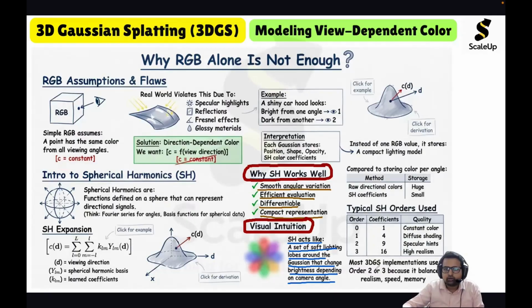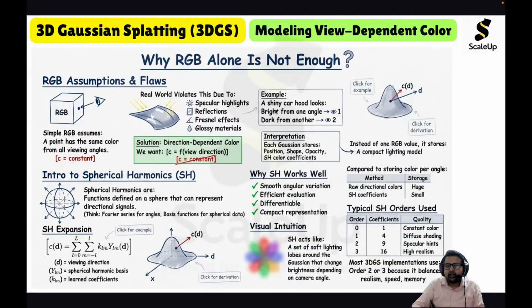Okay, so now it's very clear that each 3D Gaussian will store the position, the shape, size, and orientation taken care of by the covariance matrix, the opacity, and for color, it will make use of SH, the spherical harmonic color coefficients.